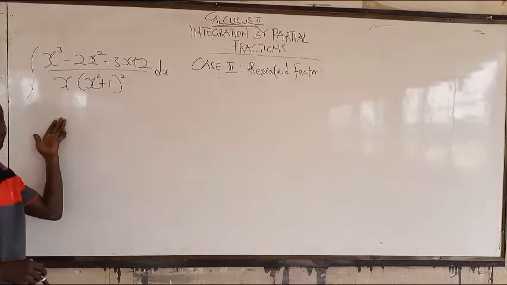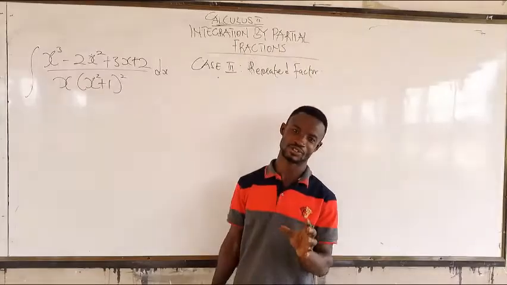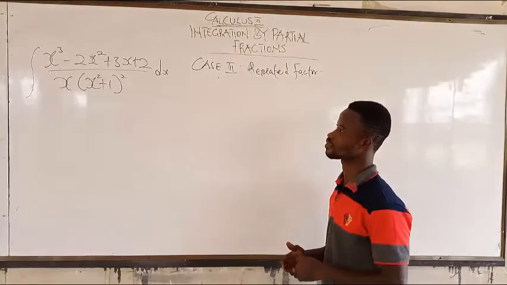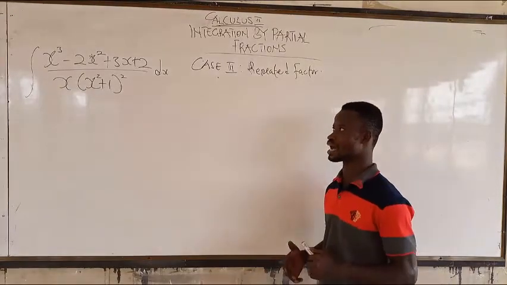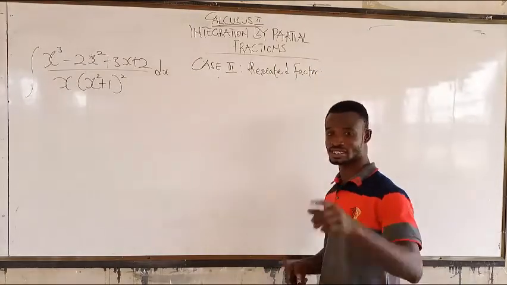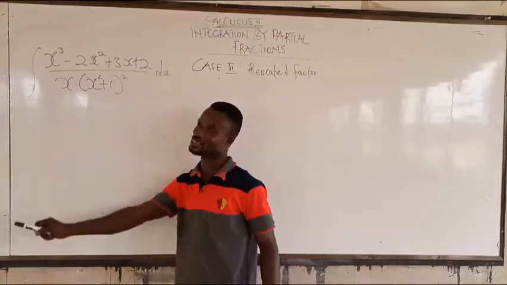Alright, let's look at this question. You see, when the question is given to you, you have to investigate. First of all, what is the degree of the numerator? 3. What is the degree of the denominator? Please don't tell me 1, don't tell me 2. No, you have 1 here to 1, you have 2 here to 2.